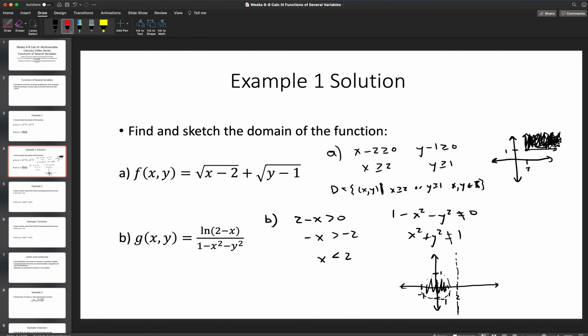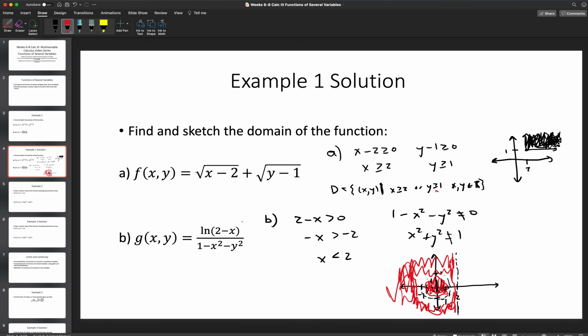But everything else, maybe I could use red here, all these points over here we include in our domain of g of x, y. So all of this. That's how we would find and sketch the domain of a function in two variables. Three variables is the same thing, more or less.